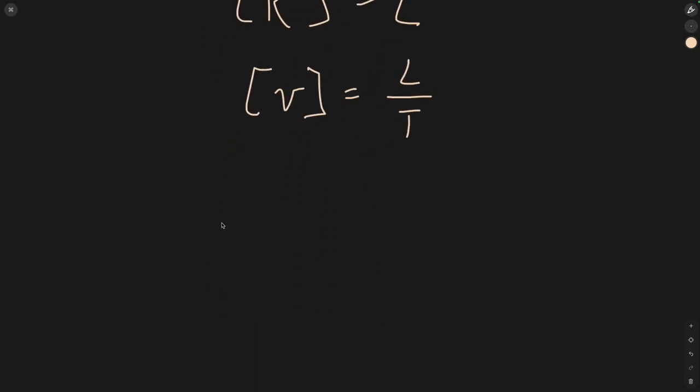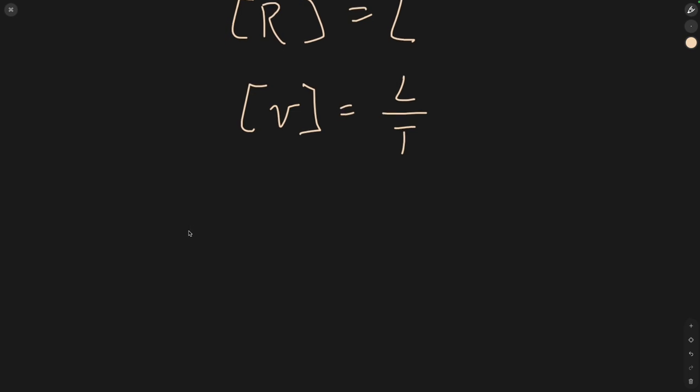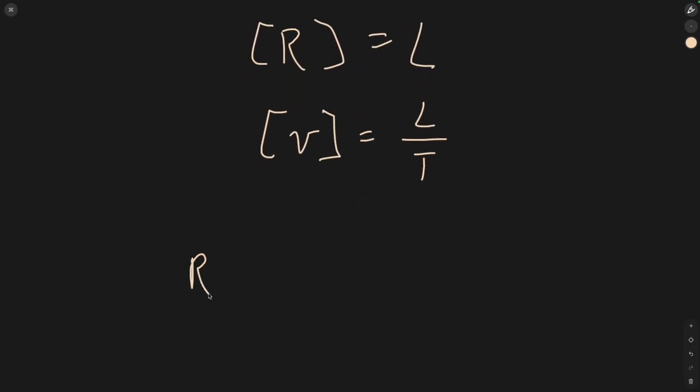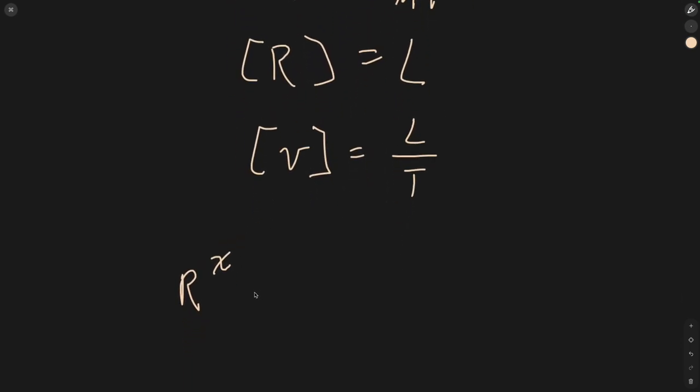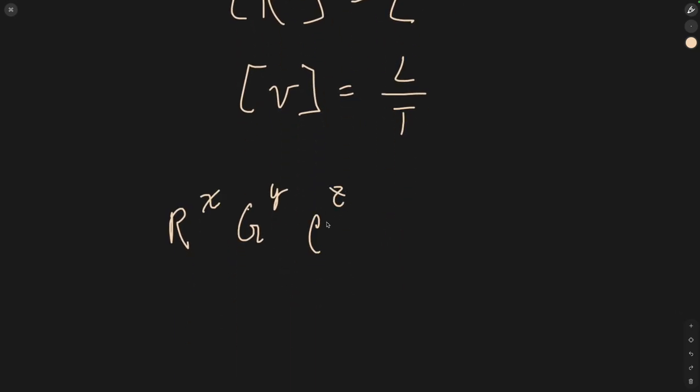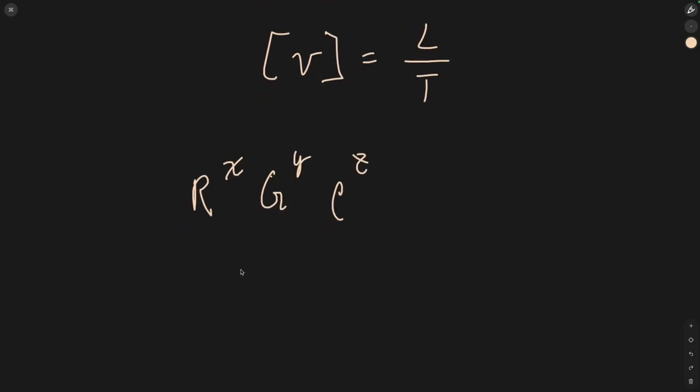So now let's see. Let's do what we've always been doing. We have R to the X, G to the Y, and rho to the Z. That's what our final answer will look like, right?